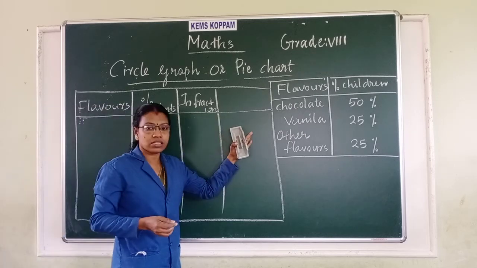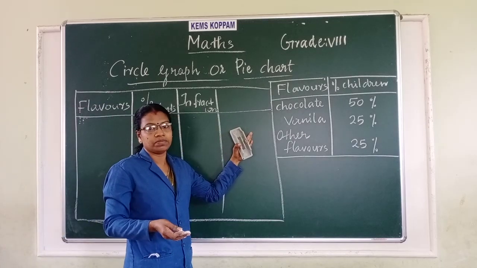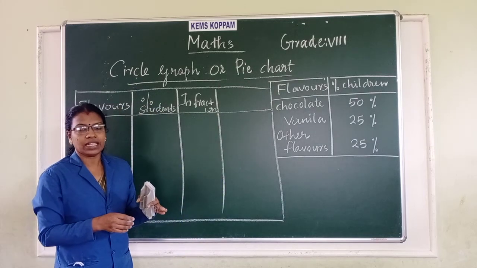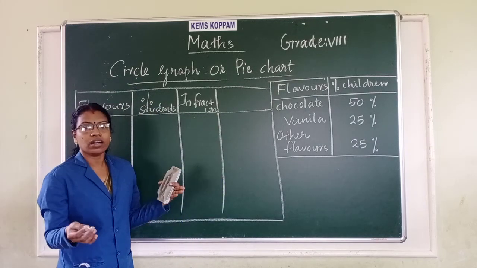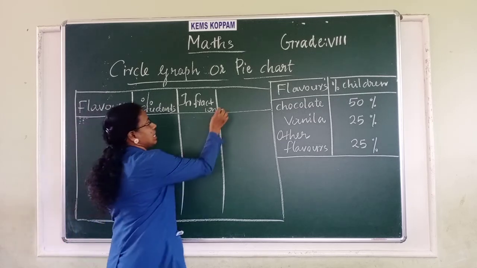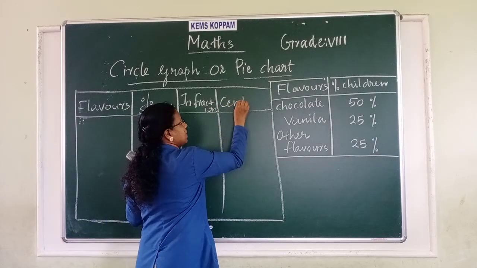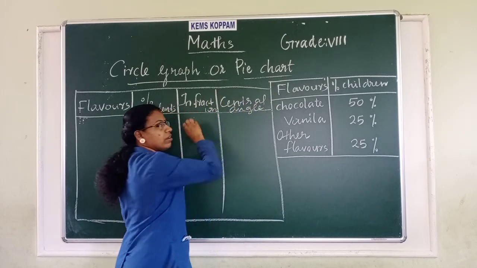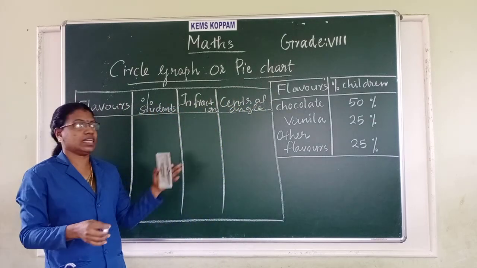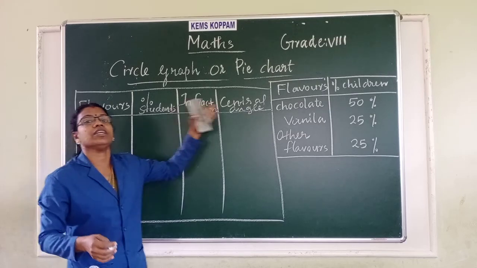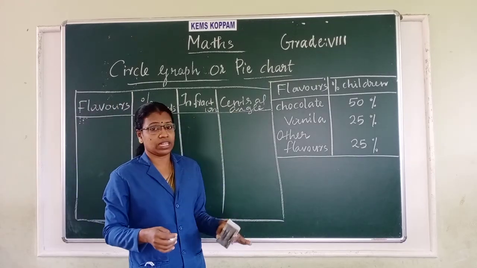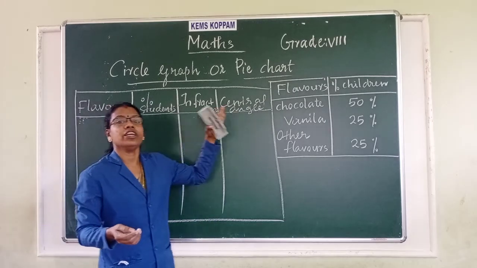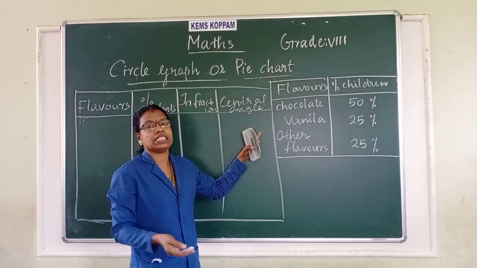Then the fourth column is the central angle, or fraction of 360. Either you can name it central angle or fraction of 360. Of means into, so convert the third column into a fraction of 360.